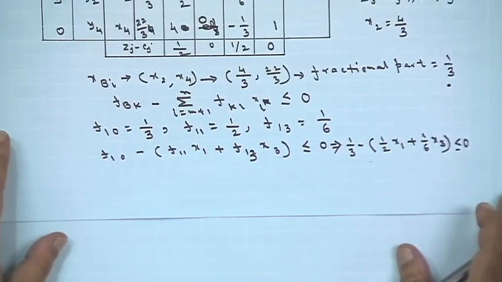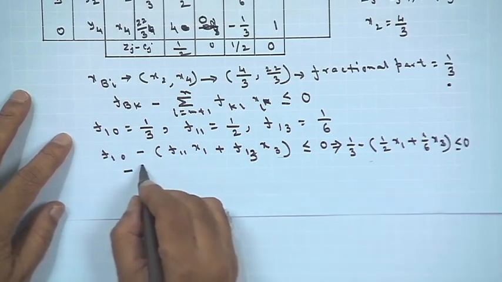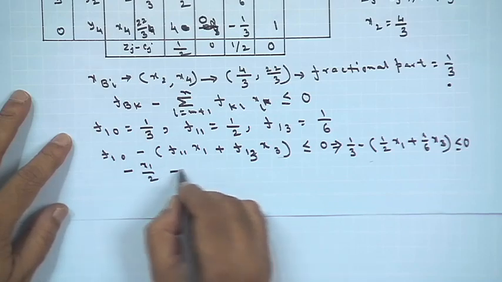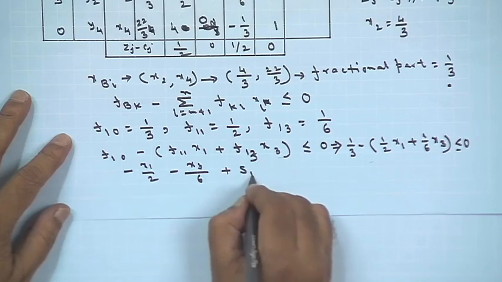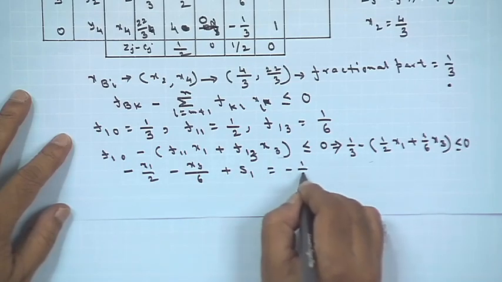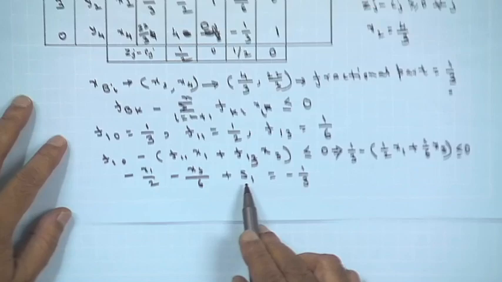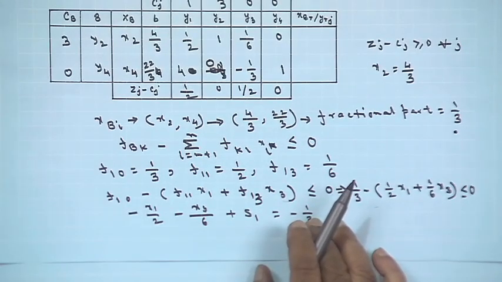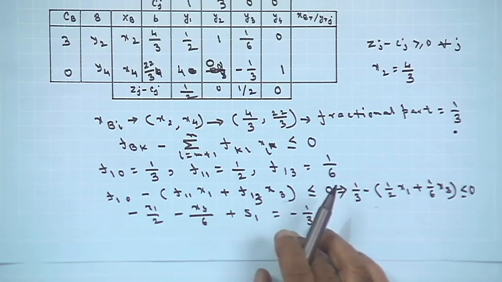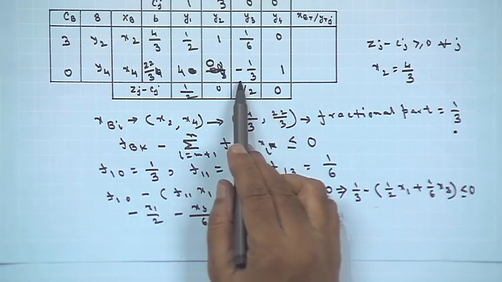That is, I will write down minus x1 by 2 minus x3 by 6 plus S1 equals minus 1/3, where S1 is the Gomorian slack variable. This particular constraint will now go to the next table.